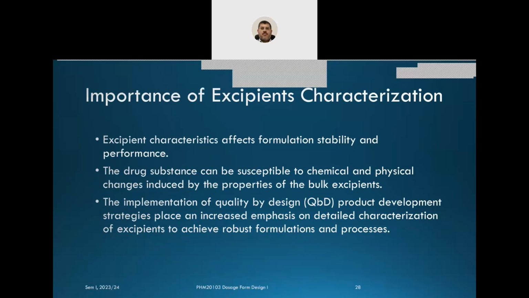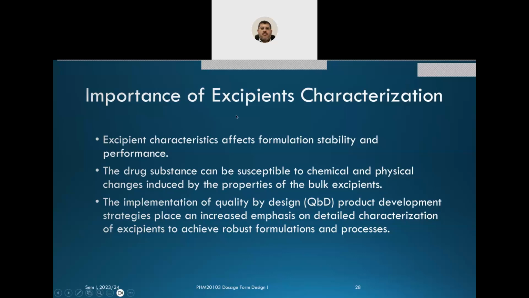When you talk about physical properties, for example, what is the color, the smell, the melting point, viscosity, solubility, pH, and so on. Then you go to chemical properties, for example, the assay, degradation products, and so on.